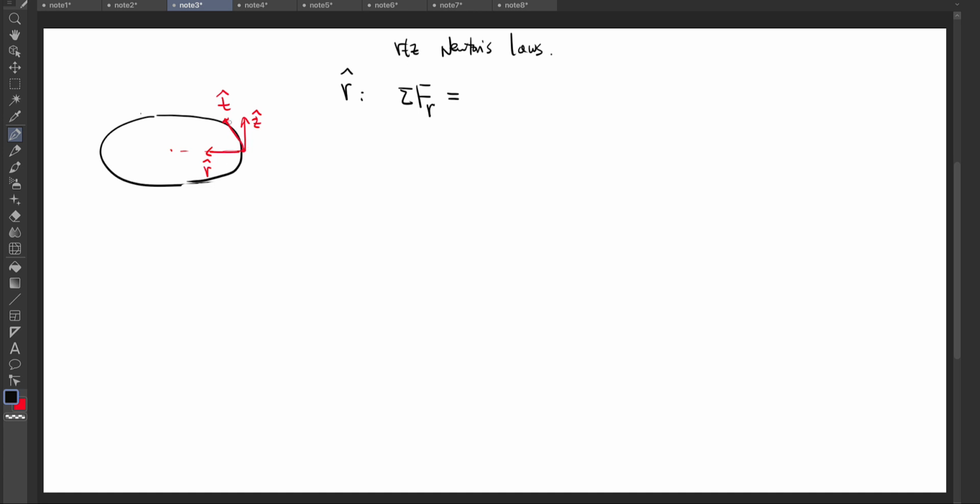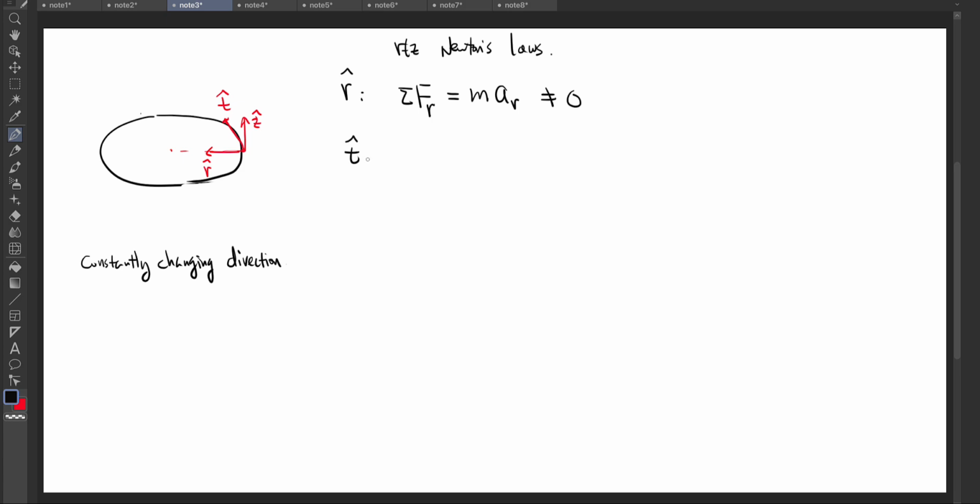But we know that the object is doing circular motion, so it's constantly changing its direction. So that means that the net force along this radial direction should not be zero. So we should write down whatever force we have along this direction equal to M A_R, and it should not be zero.